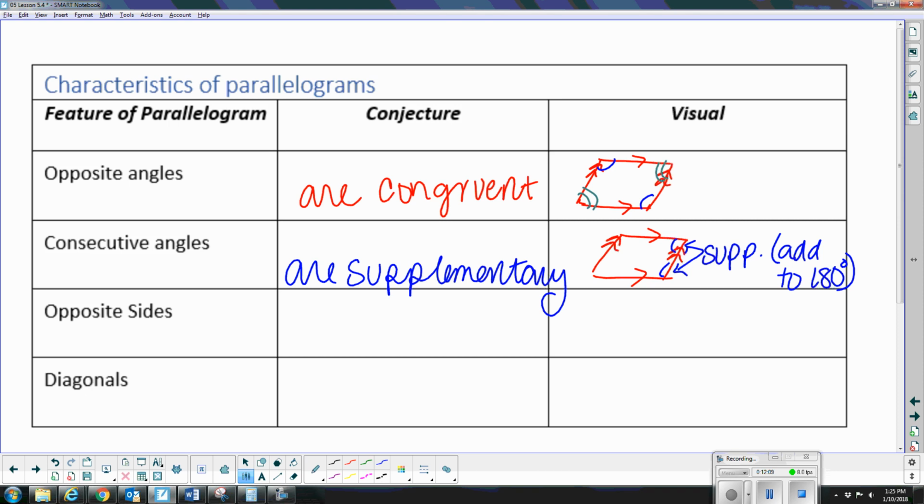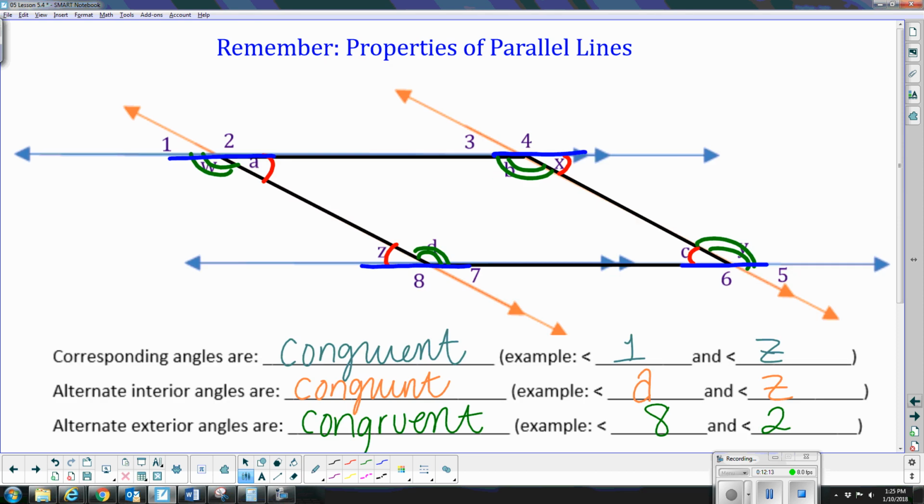All right, now we can look at opposite sides, and so far what we know about parallelograms and dealing with sides, we haven't really looked at this too much. But we have a little bit when we are studying properties of parallel lines.